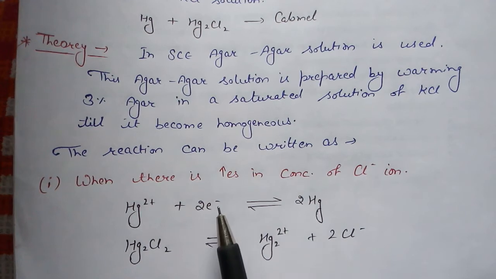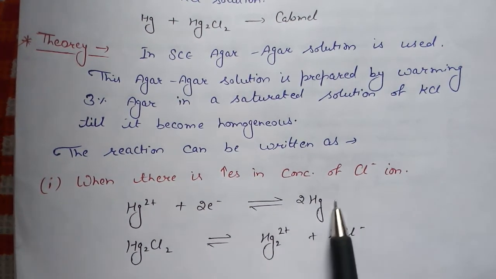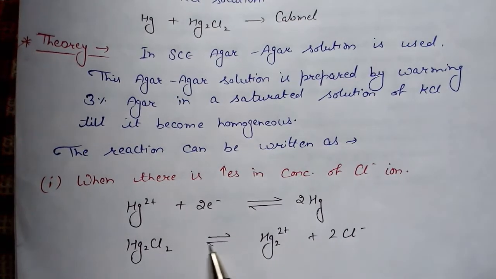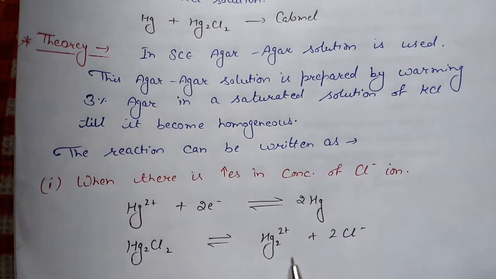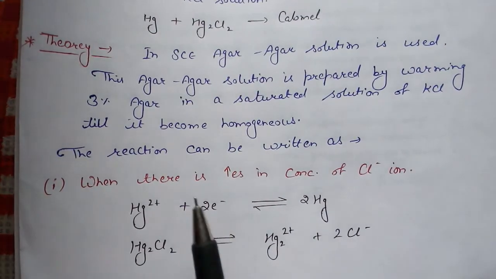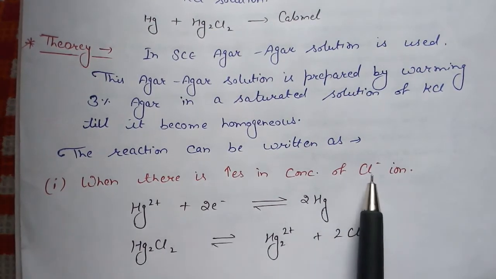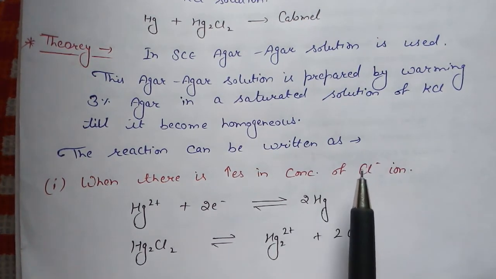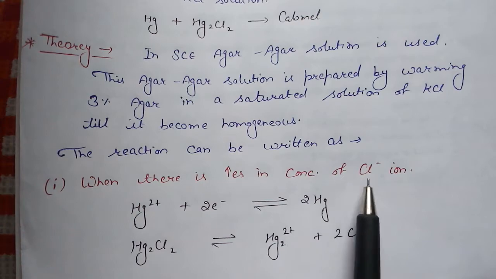It means they will consume 2 electrons and give you mercury, right? And mercurous chloride will also give a reversible reaction in the form of mercurous ion and chloride ion, right? So the first case is when the concentration of chloride ion increases. The second case is when the concentration of chloride ion decreases.